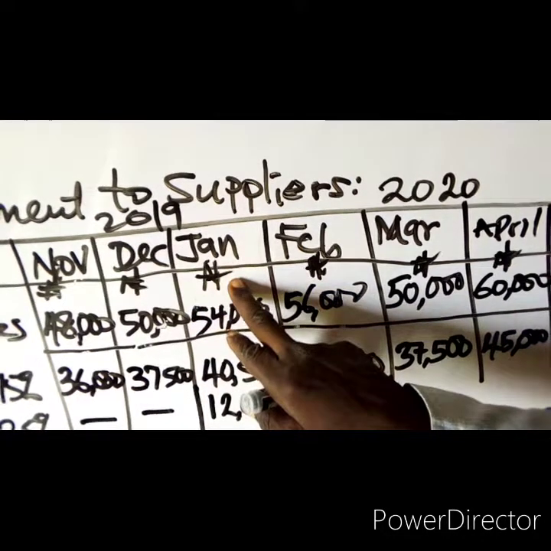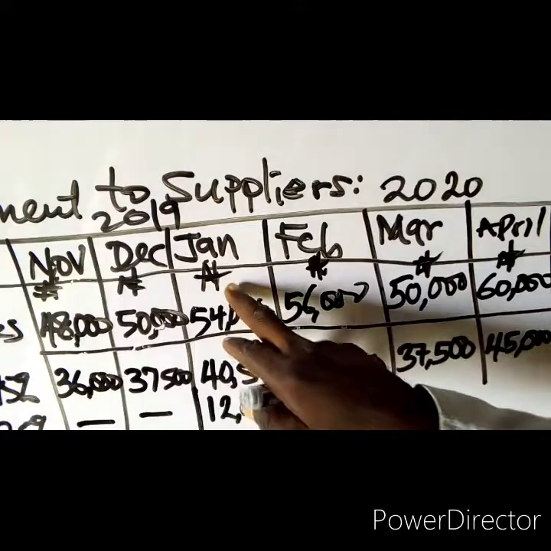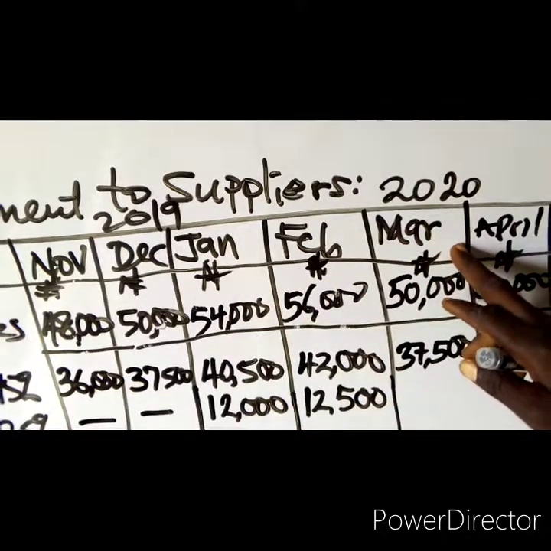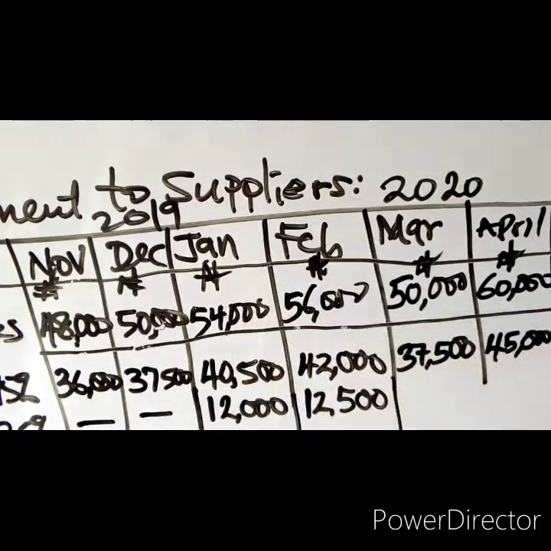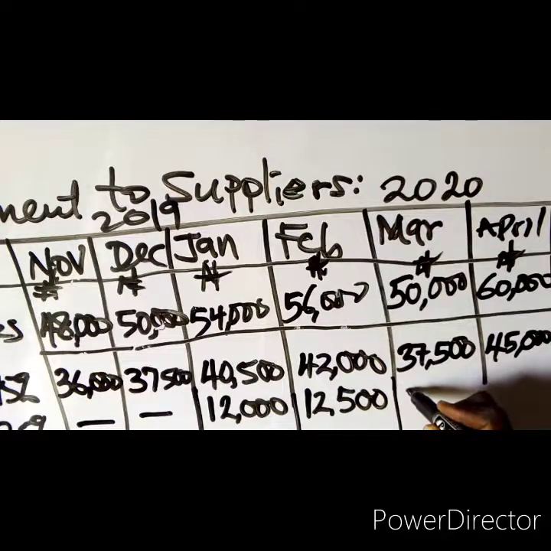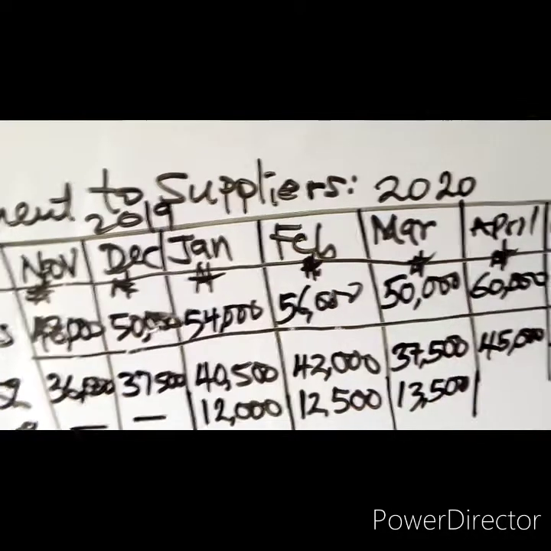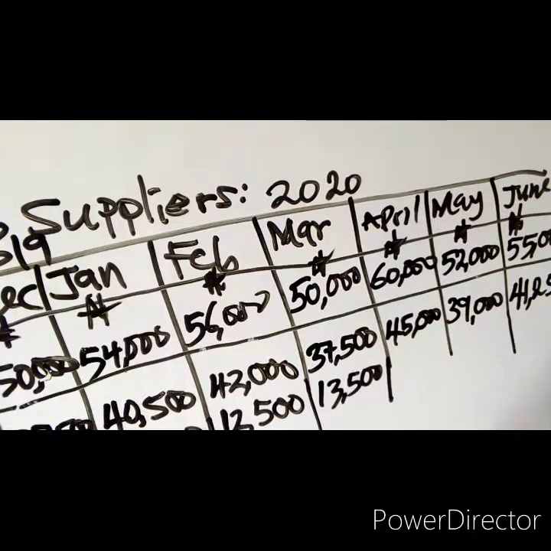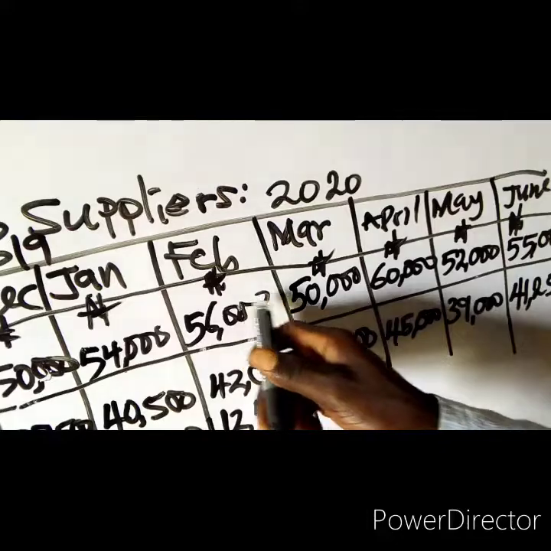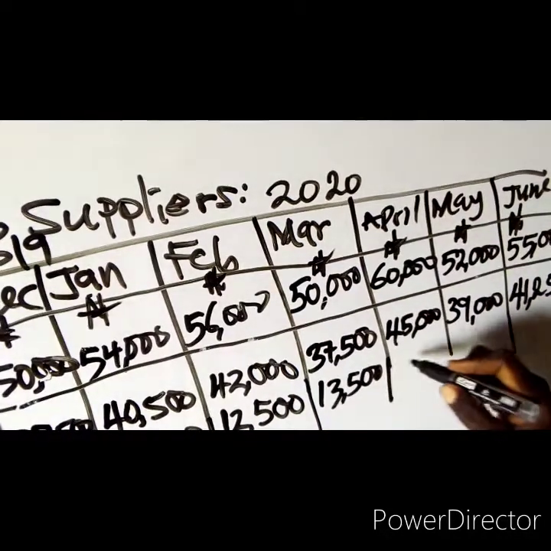For January purchases, 2 months after January, that will be March. 25% of 54,000 is 13,500. For February, which is 56,000, 25% of 56,000 is 14,000. 2 months after February, we have March, April, which is 14,000.